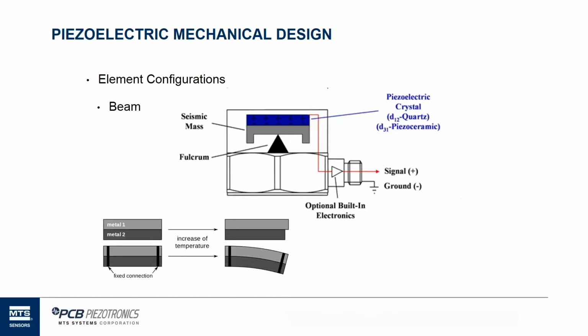When they're bonded together, they have two different coefficients of thermal expansion, and when they expand differently, that induces a strain on those two devices, which is an output. And when you strain a crystal, you get charge output, and that output is not due to vibration, but due to the temperature. That's the effect we're seeing, and that's not so much an accelerometer as it is a thermostat.